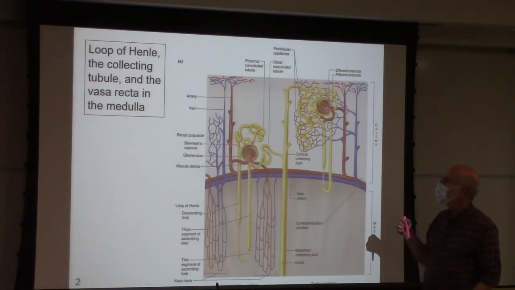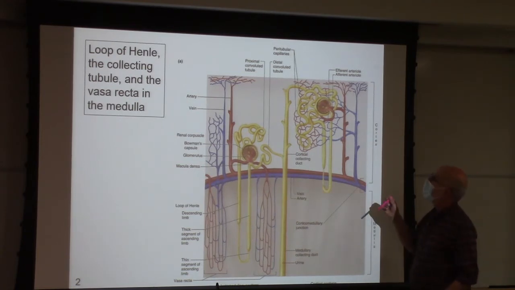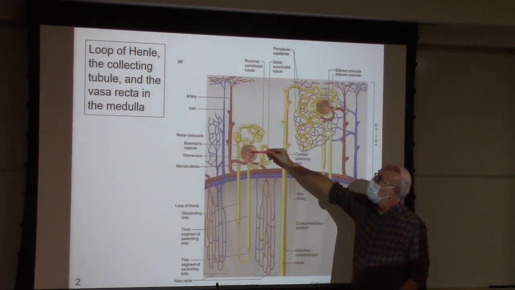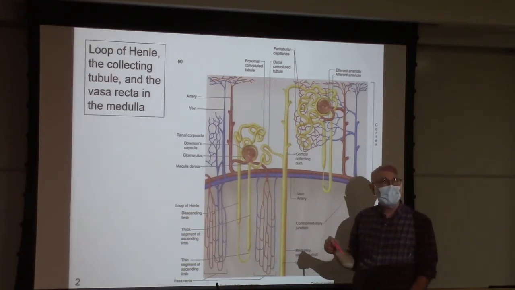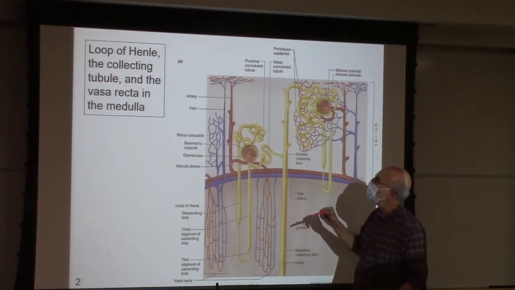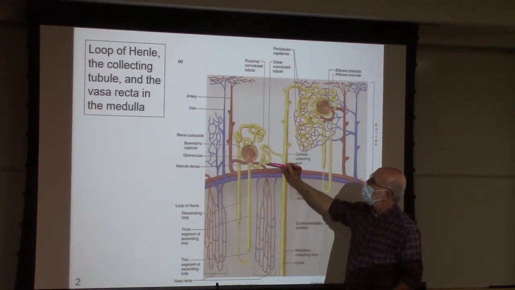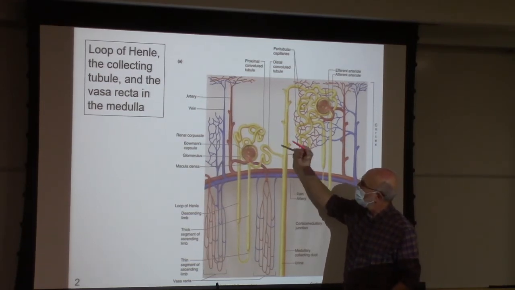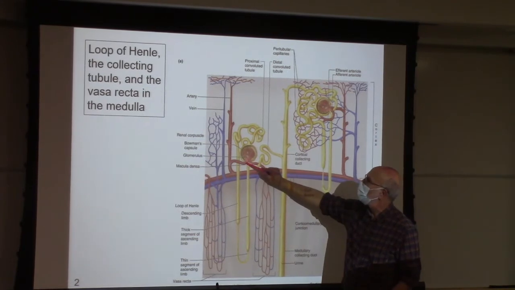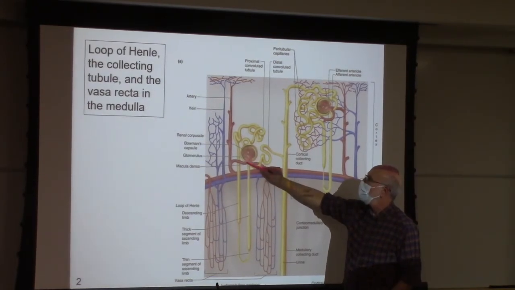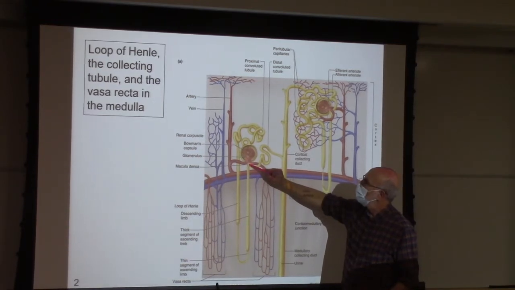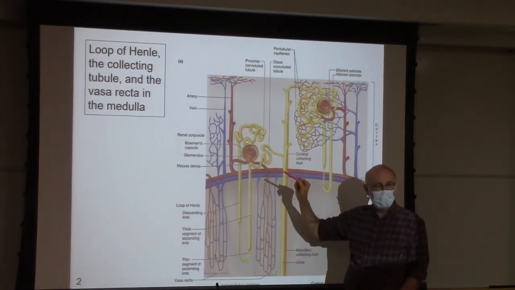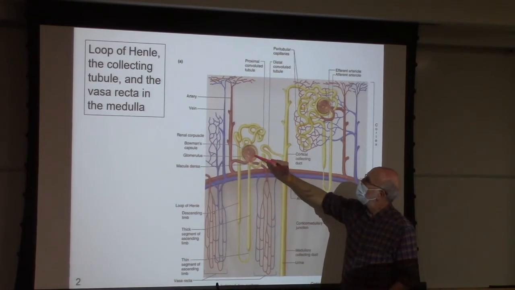Okay, kidney, nephrons, glomerulus, filtration. We've talked about the things that control filtration. Constriction of the afferent arteriole, dilation of the afferent arteriole, the macula densa, which we'll talk more about in a few moments.